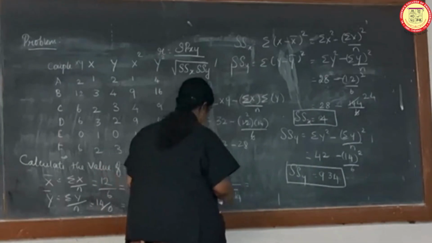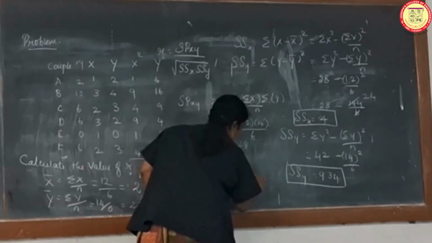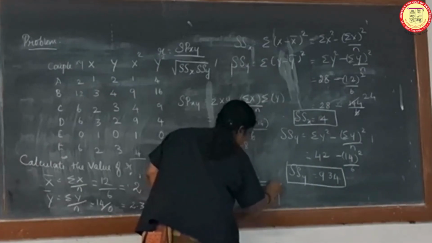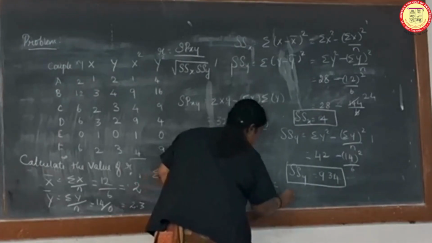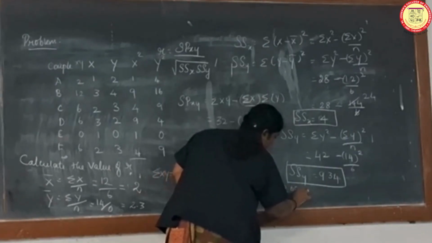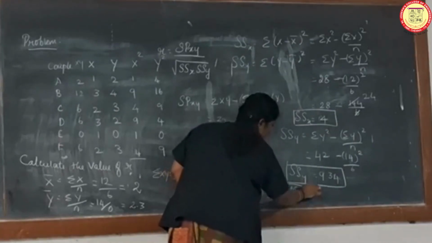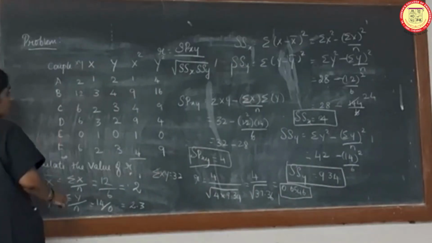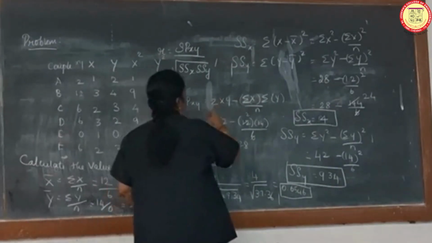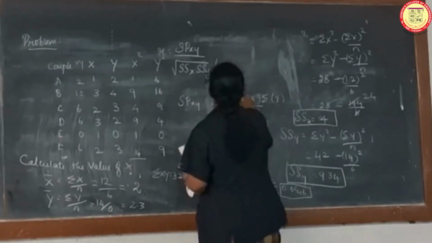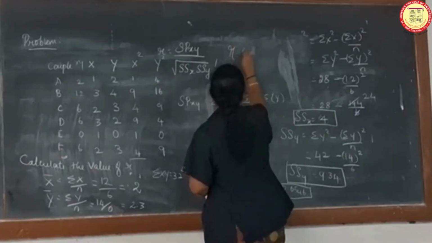So that is 4 divided by root of 37.36, which is equal to 0.6546. Okay, so the final R value is equal to 0.6546.